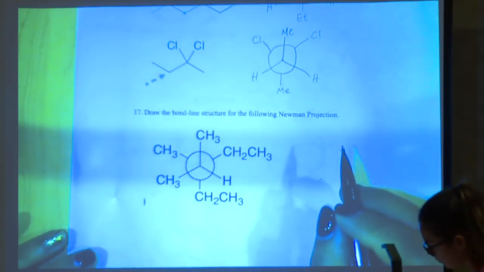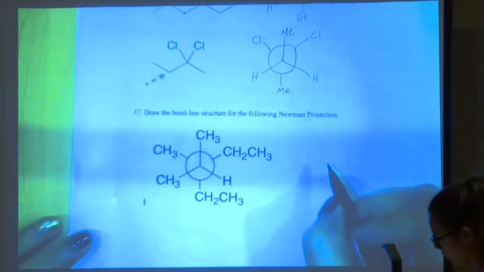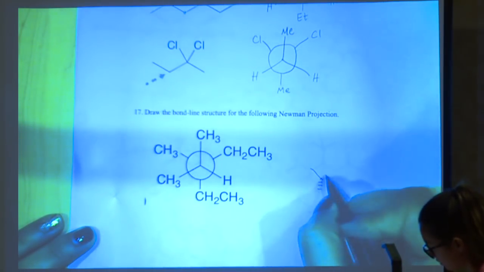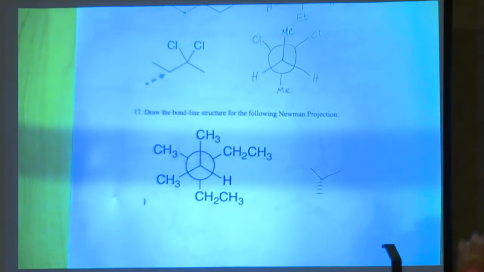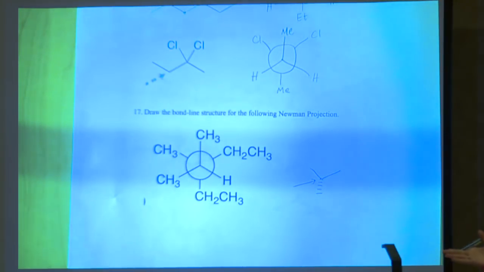Because if you take it like this and flip it back that way, one of them will be going into the plane. Okay, so you're saying something like this and the other one like this? Yeah. And then you don't have to draw that. Because we're looking at it from this direction, we're flipping that, and that'll give us a CH3 at the top and the CH3 on the left. Do you guys see that?